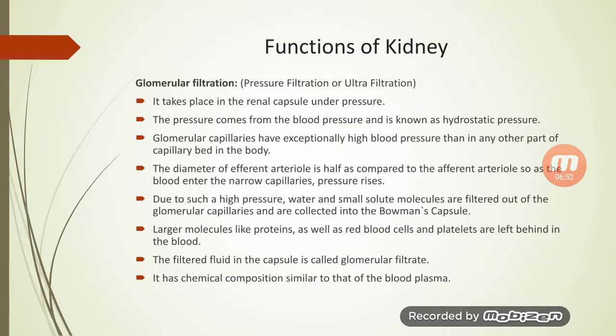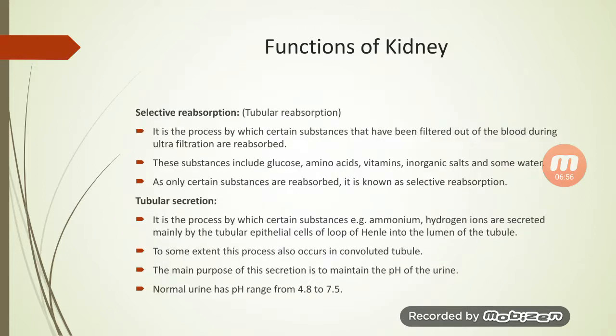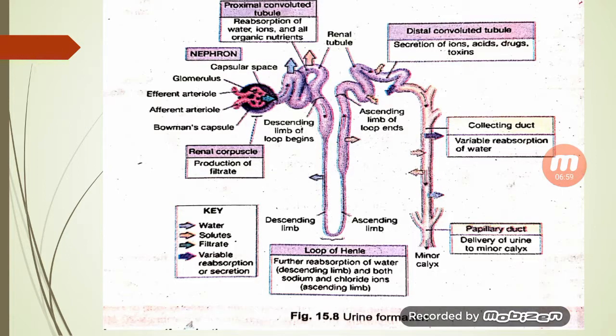Sodium is reabsorbed into the ascending limb or thick loop of Henle, and sodium is constantly pumped out into the extracellular space. This creates a concentration gradient that favors sodium diffusion into the cells.